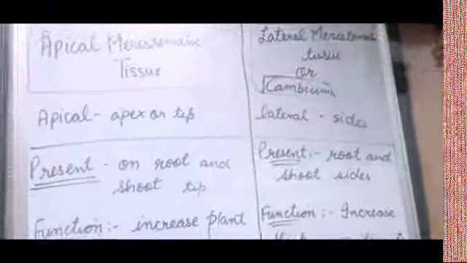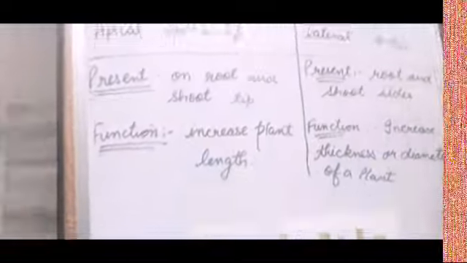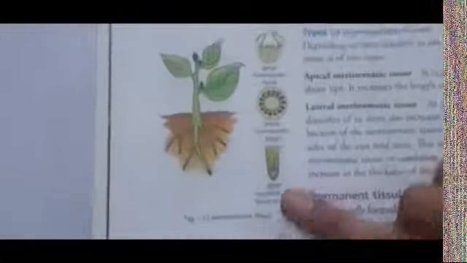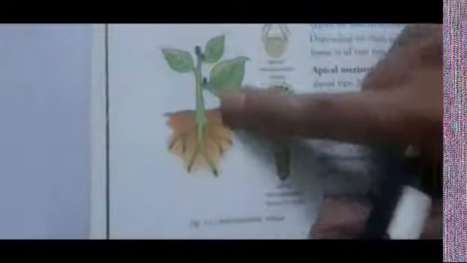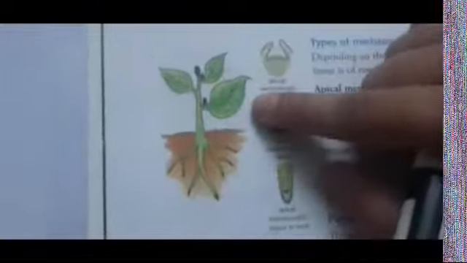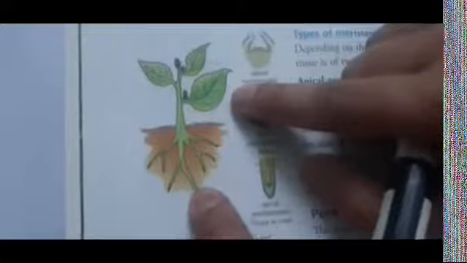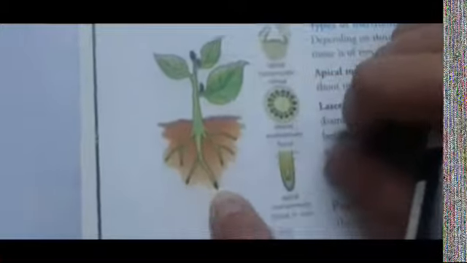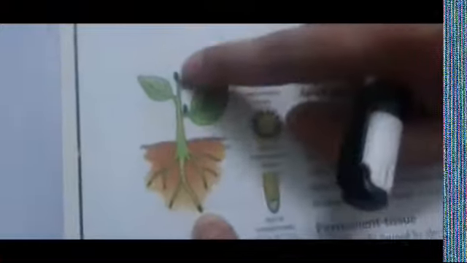Now look at the picture which is given in your book on page number 4. This picture on page number 4, look at carefully on this picture. Now see, this is the plant, full plant is given. Now this one is the root tip, and this is the shoot tip.